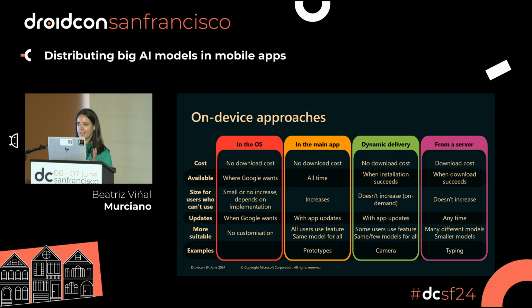But that will be better if it's the same model for all users. If it's the same model or a similar one or a few models, but very few, but the same for all users, you might prefer to use a dynamic feature. And finally, if you have many, many different models and you have to distribute different ones or different combinations to different users, it might be better to use a server and download them from there.